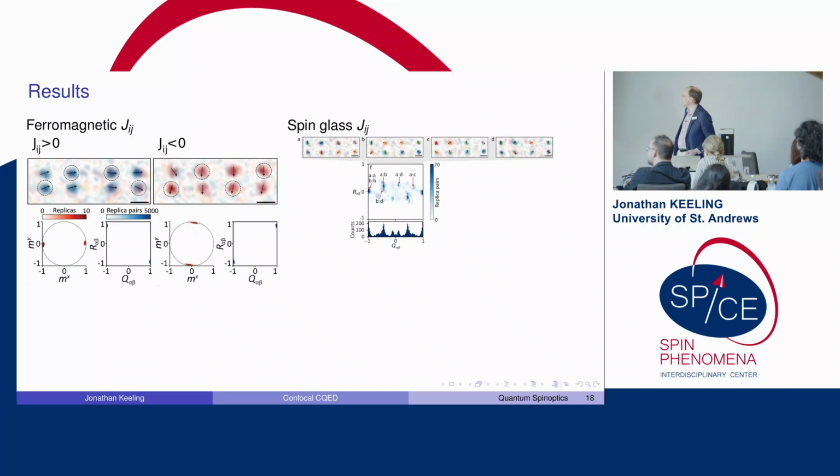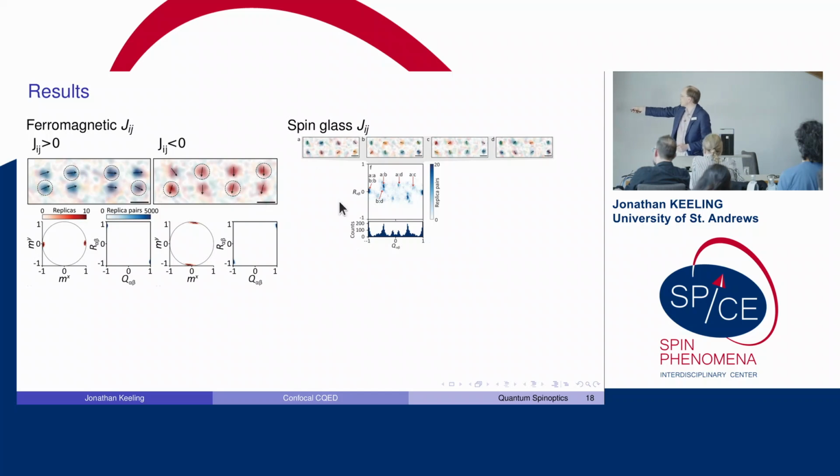But then the more interesting question is what happens if I do this where this really is a spin glass, so where all the JIJs are effectively random. And these 4 pictures here are showing 4 different runs of the experiment in that parameter regime, where each run gets a different solution.